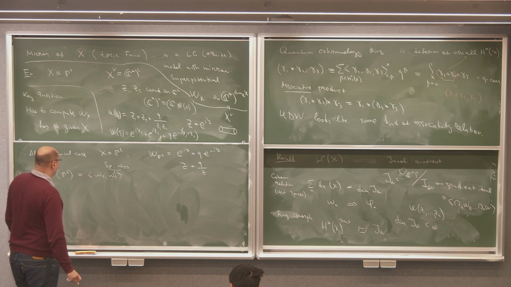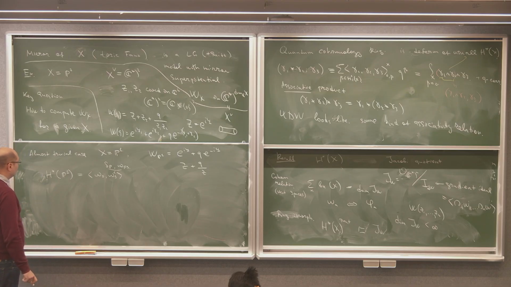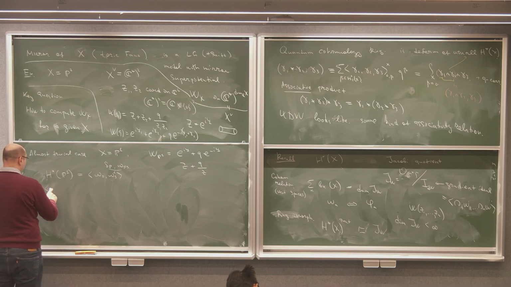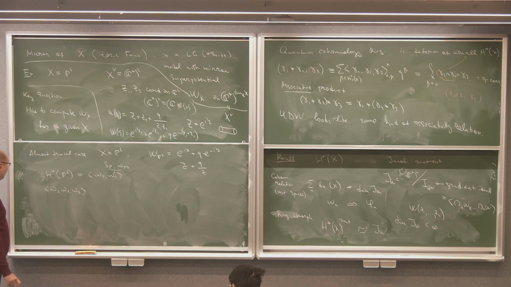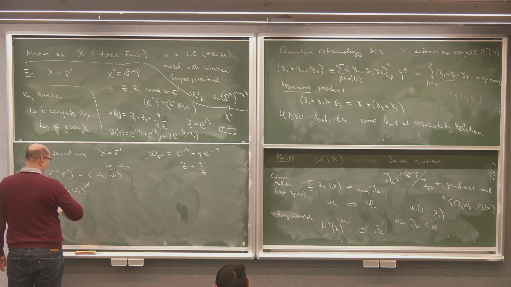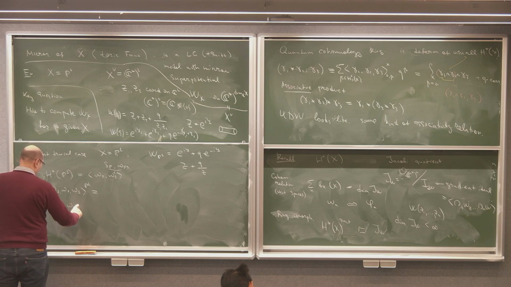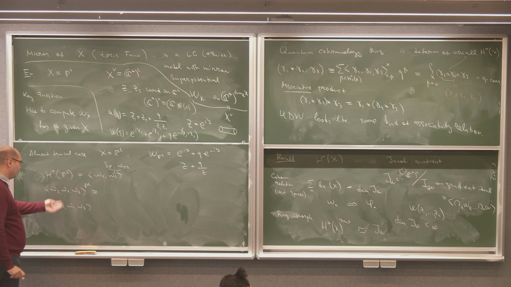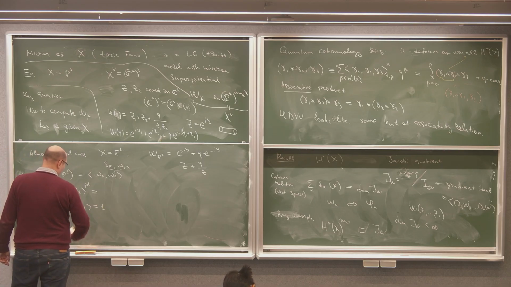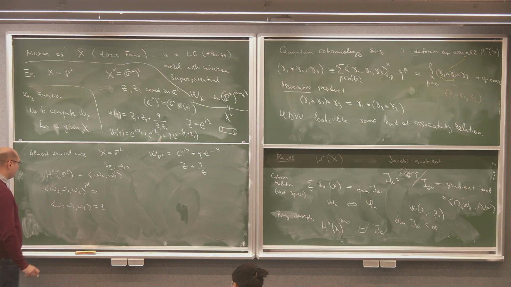So what is the quantum cohomology here? For quantum cohomology, we need to compute the 3-point functions, and it turns out that the only interesting 3-point functions on P1 are the following. There is a 3-point function which is essentially a pairing between omega 1 and omega 0, and it exists at degree 0.